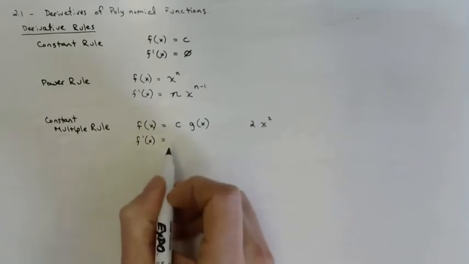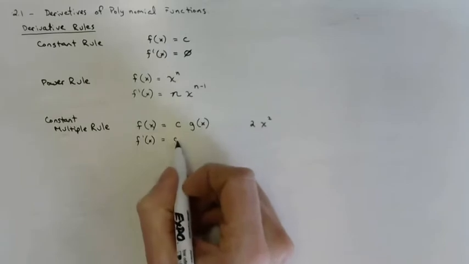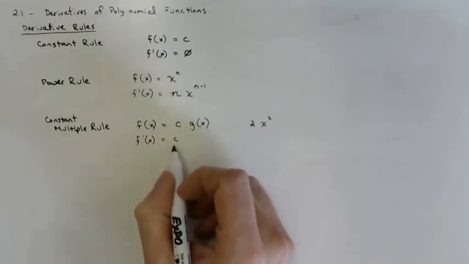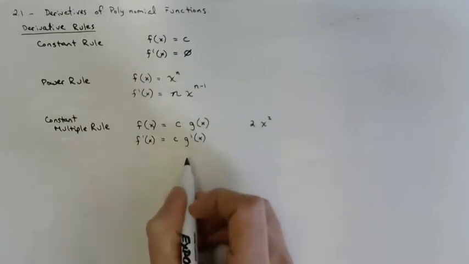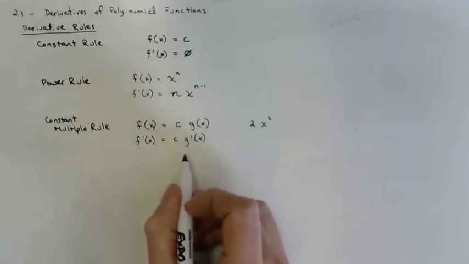The derivative of this is c times, so that constant just stays out in front, times the derivative of that function. Okay, so how does that work out?